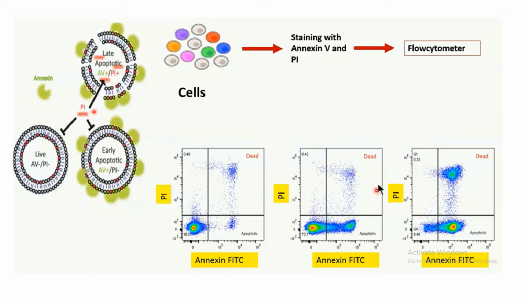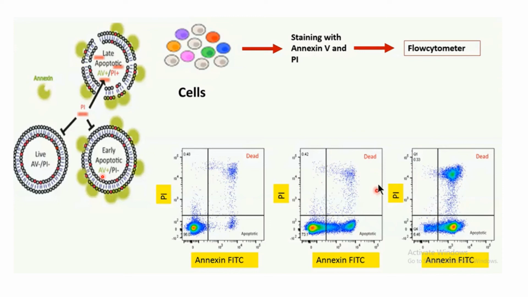Once the cells go into early apoptosis, this phosphatidylserine is coming out, and now you have AV positive, that is annexin 5 positive cells, because annexin can bind to phosphatidylserine, which is present outside the cell membrane, but the cells are still propidium iodide negative. Why? Because propidium iodide can enter only and only dead cells.